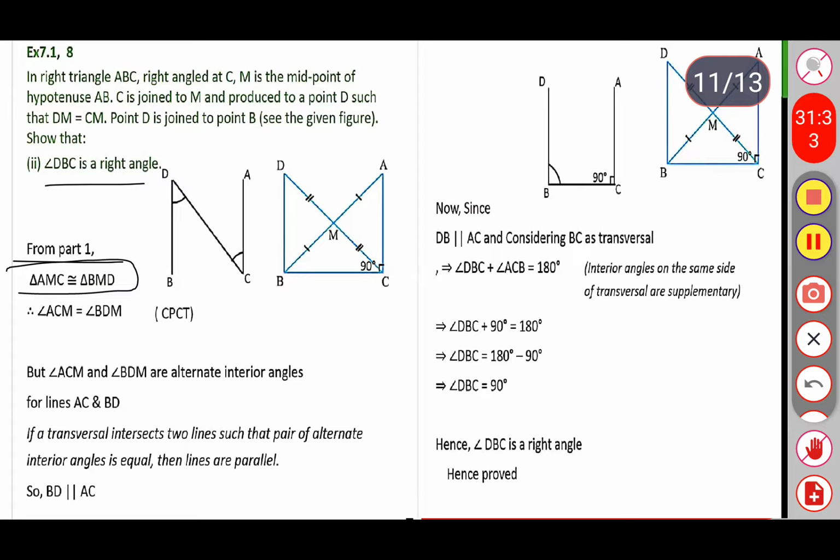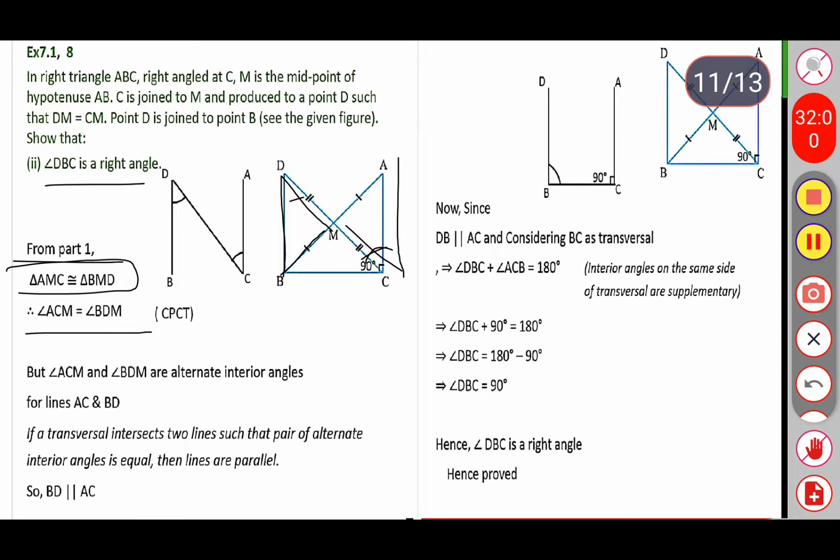Therefore, angle ACM is equal to angle BDM. Why are these two angles equal? Because they are corresponding parts of the congruent triangles.